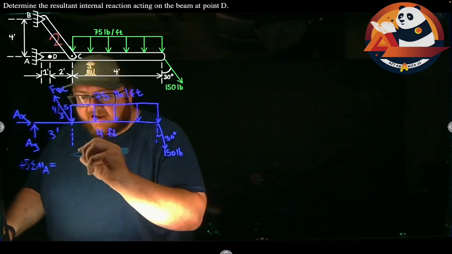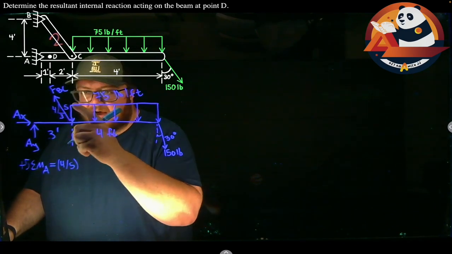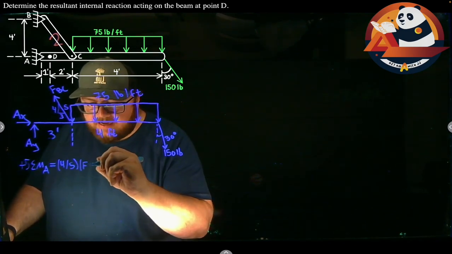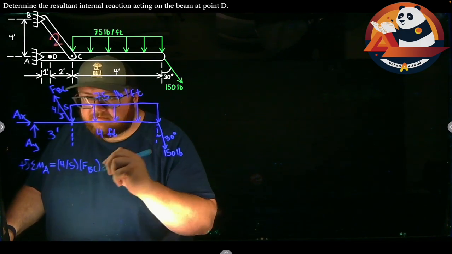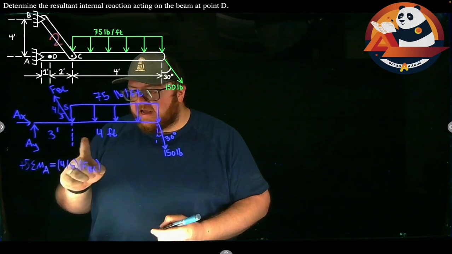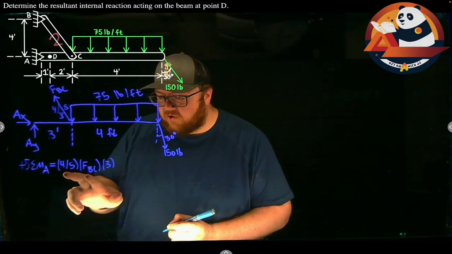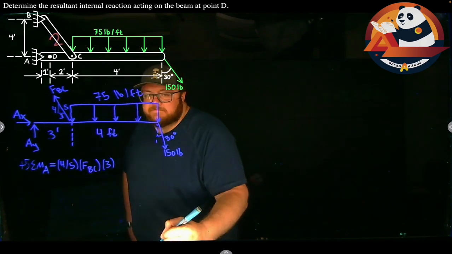I want the Y leg of the triangle, 4, divided by the hypotenuse, 5, times the force, FBC, times my distance from A, from the line of action of my force, over to A, would be 3 feet. So times 3. Moment is force, those first 2, times distance.